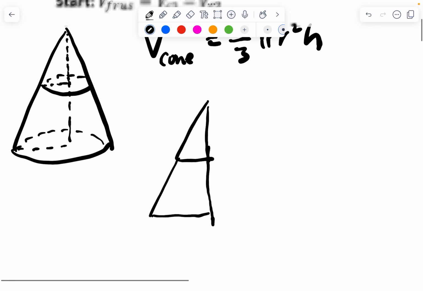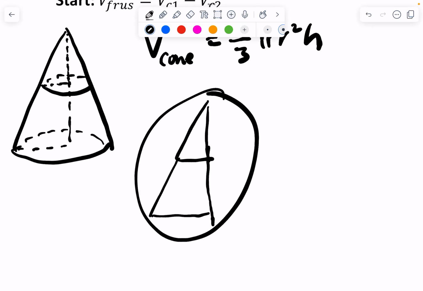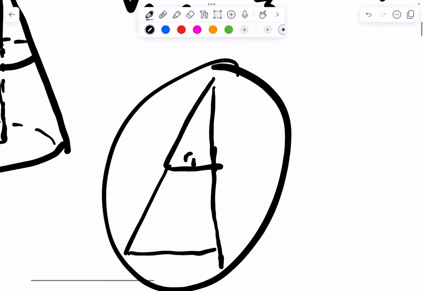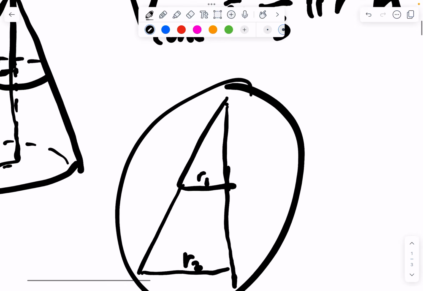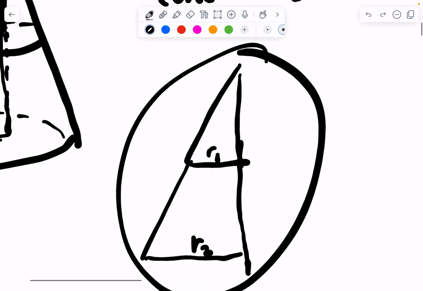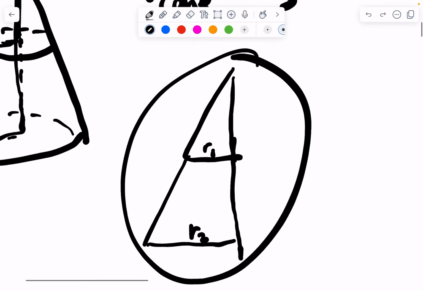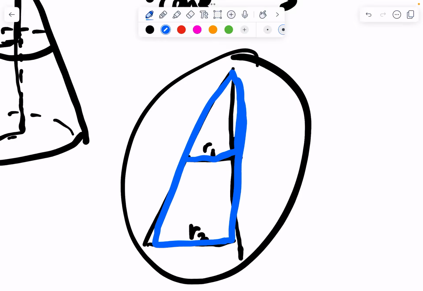Note that this picture really just comes from this part of the drawing. This would be the top radius, this would be the bottom radius, this part would be the slant height, and this part would be the height. If you've done similar triangles before, we can say that this triangle and this triangle are similar.